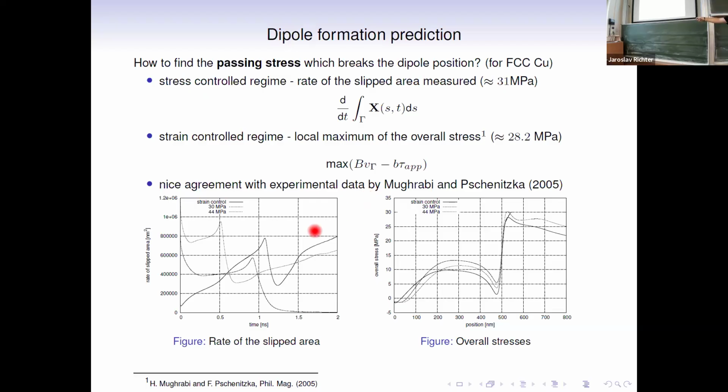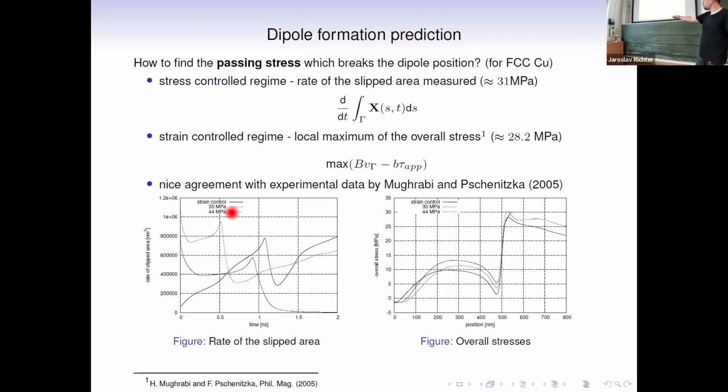If you look at the left figure, this is our first idea of how to calculate it naively. We tried a trial-and-error approach. We made some computational setup, prescribed some amount of applied stress, let the dislocations evolve one after another, and observed if they stop or not.